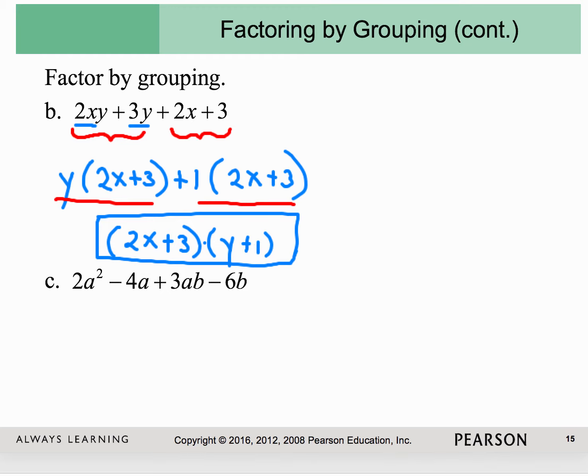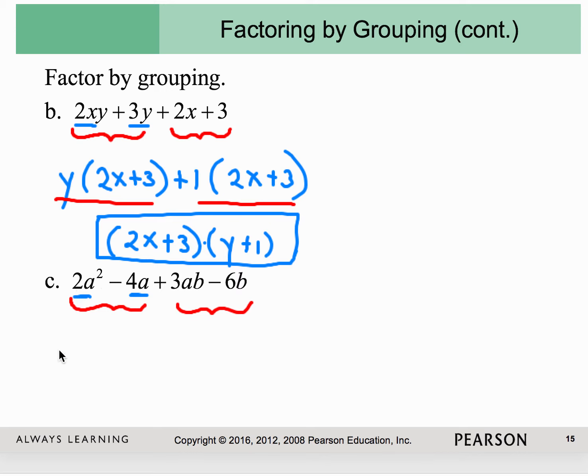Okay, let's try it again. Okay, do they have a common factor? 2, 4, 3. No. No B's over here. No A. Don't forget to check that. So I'm going to group them. That means I'm only looking at this one and this one to start with.